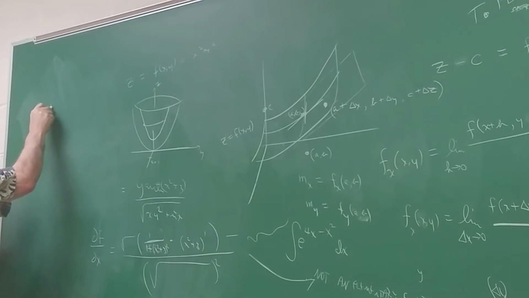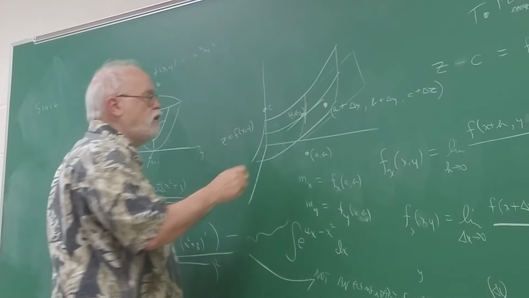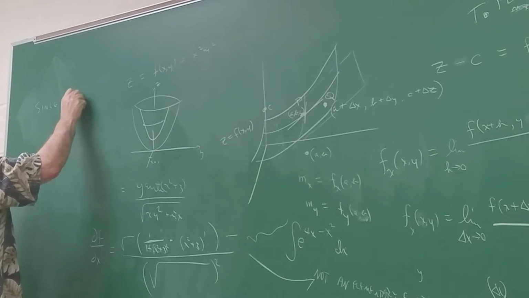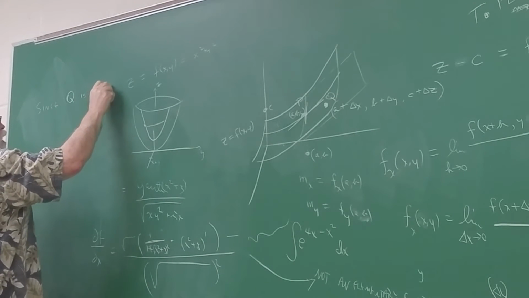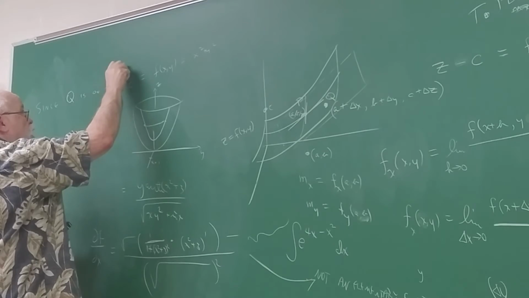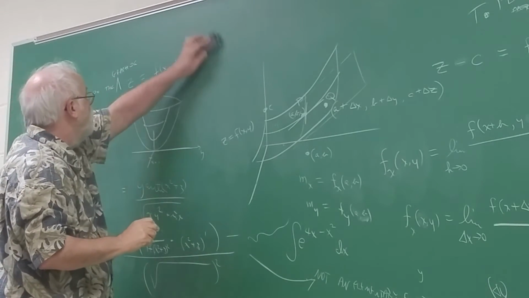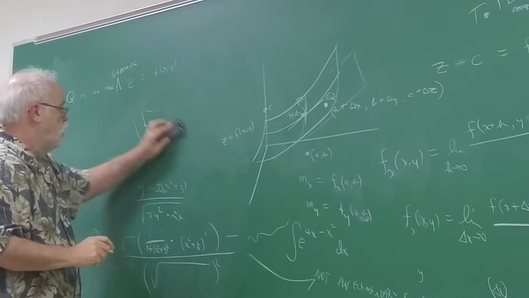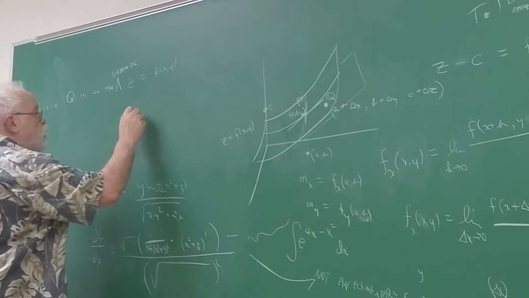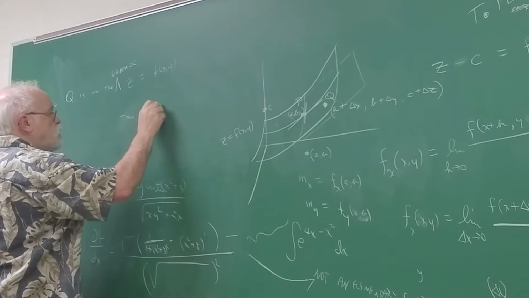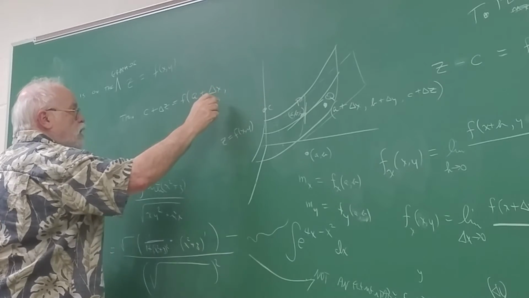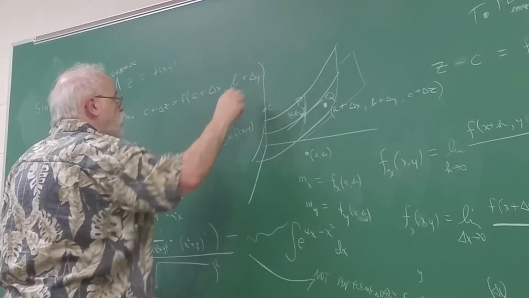And again, I'm going to call this one point P, and I'm going to call this one point Q. Since Q is on the graph of z equals f of x, y, then C plus delta Z equals f of A plus delta X, comma B plus delta Y. Okay?